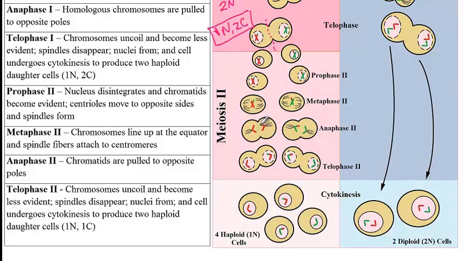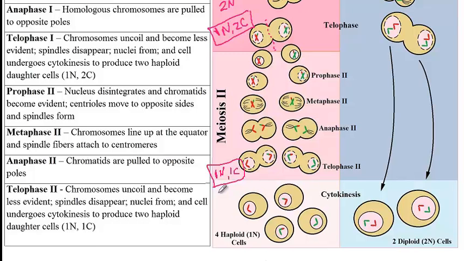So here note that sister chromatids are now being separated from each other, as a consequence of which the four cells that we got here are 1N, 1C, because each cell has only one chromatid of every homologous chromosome. Here we only have 1, 1, 1, 1. So 1N, 1C we are having.